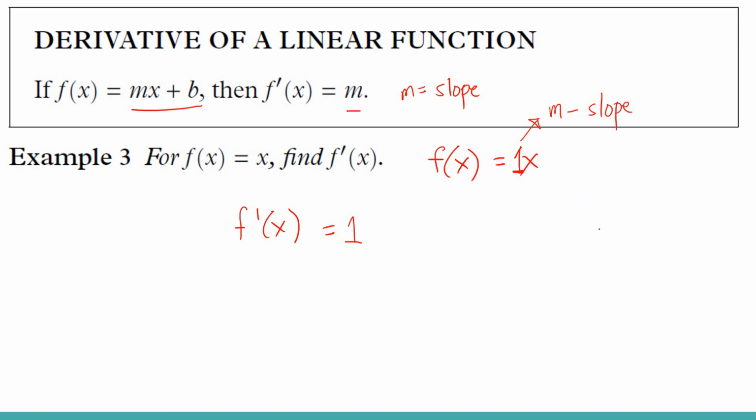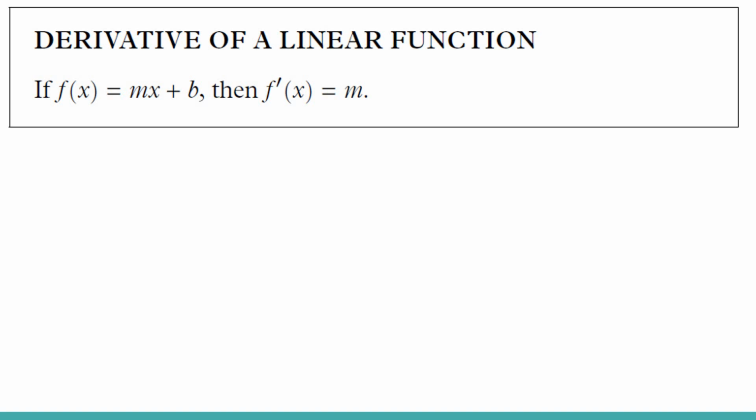Any variable that has no written constant always has a constant of 1. So the slope of the given f of x equals x is 1, so its derivative is 1. Derivative of a linear function, another example, example 4.